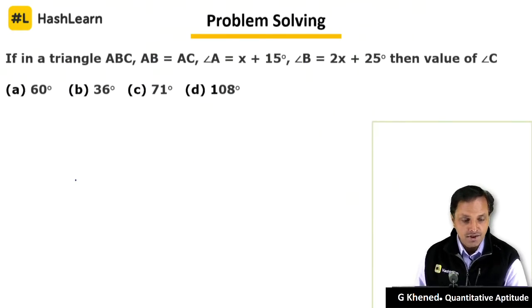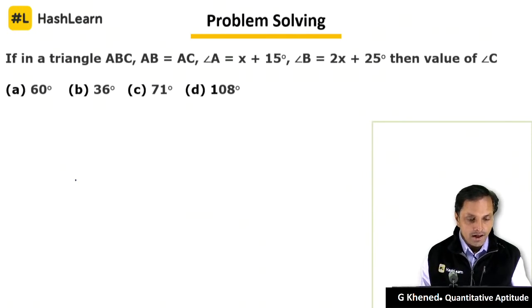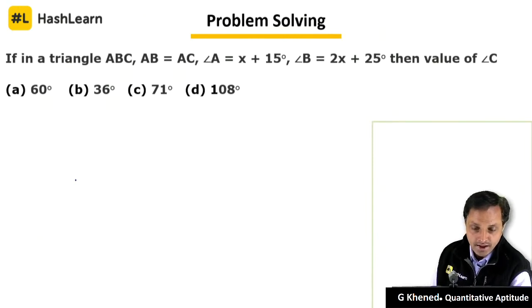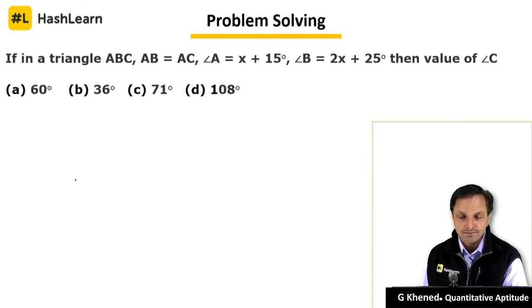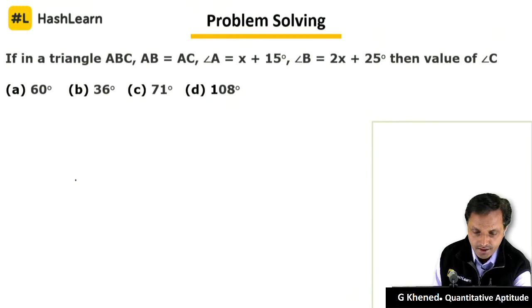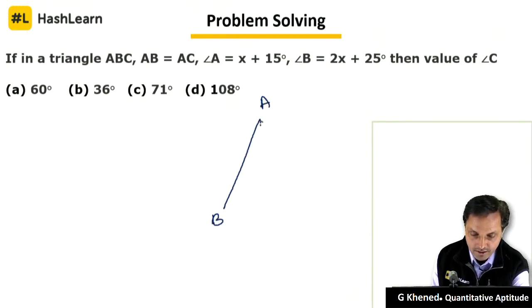Here is the first question. The question is, in a triangle ABC, AB is equal to AC. Angle A is given as x plus 15, angle B is given as 2x plus 25, and they are asking you for angle C. So what is the condition they have given, just make a note: AB distance is the same as AC.